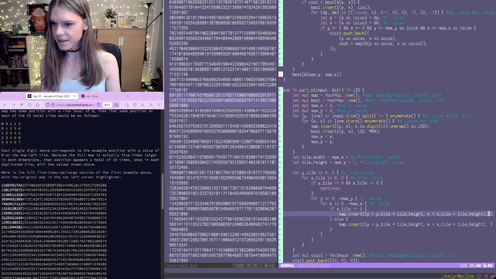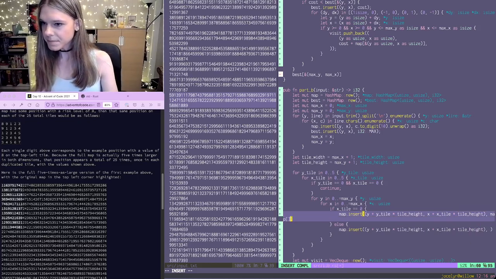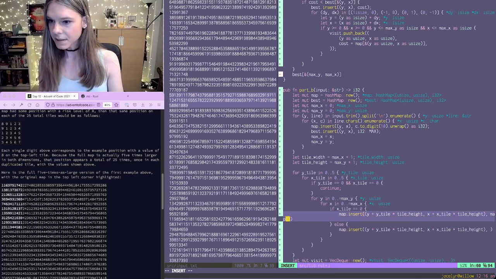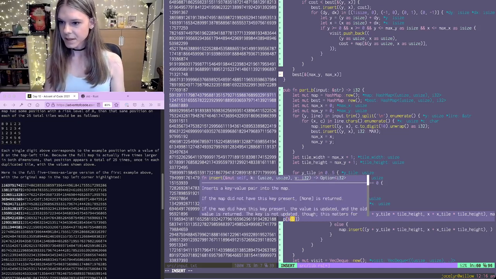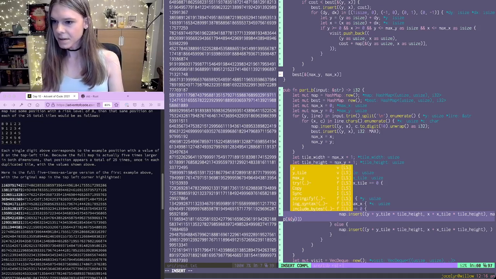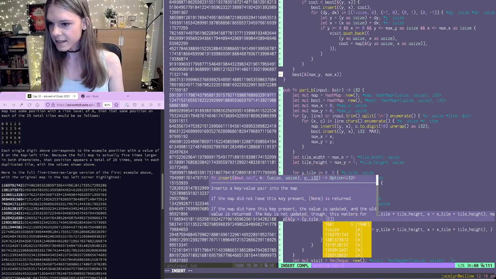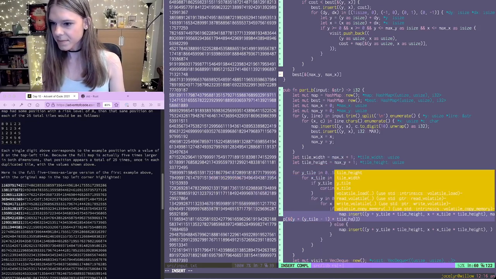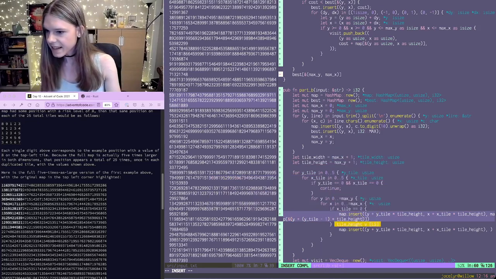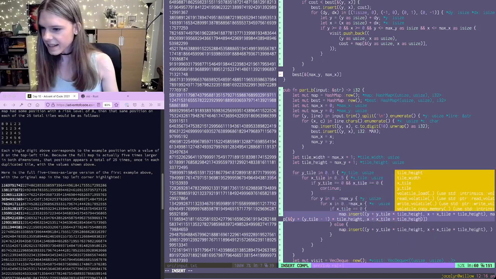So this will be map, okay, so that is y plus y tile minus 1 times tile height, then x plus x tile times tile height, I think.